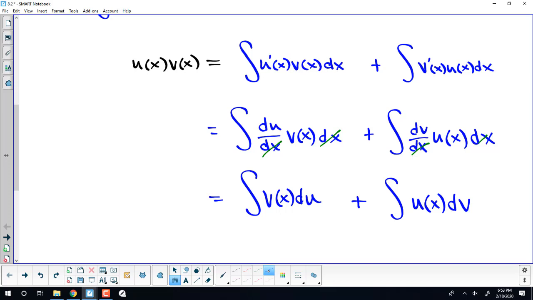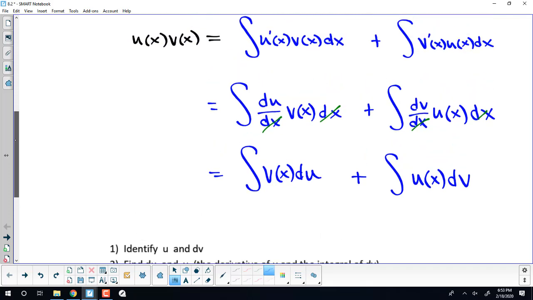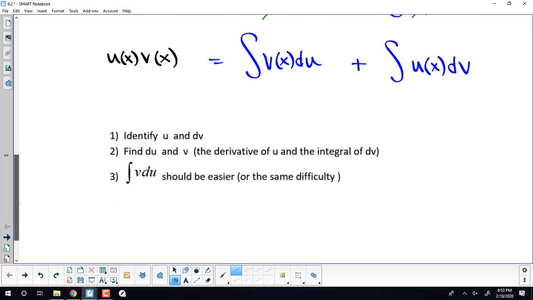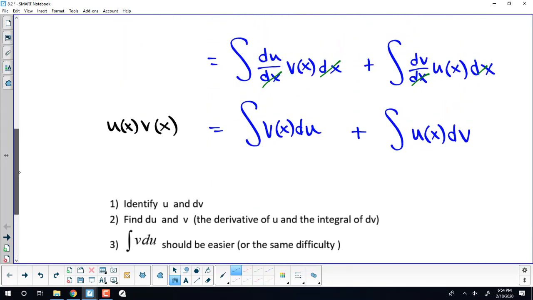It's just that it's masked because we simplified it. Okay, and all of this stuff here is still equivalent to u of x times v of x. And that's basically, I don't know if we have the integration by parts explicitly, but that's basically where the formula comes from. The last step is just to solve for the integral of u dv.